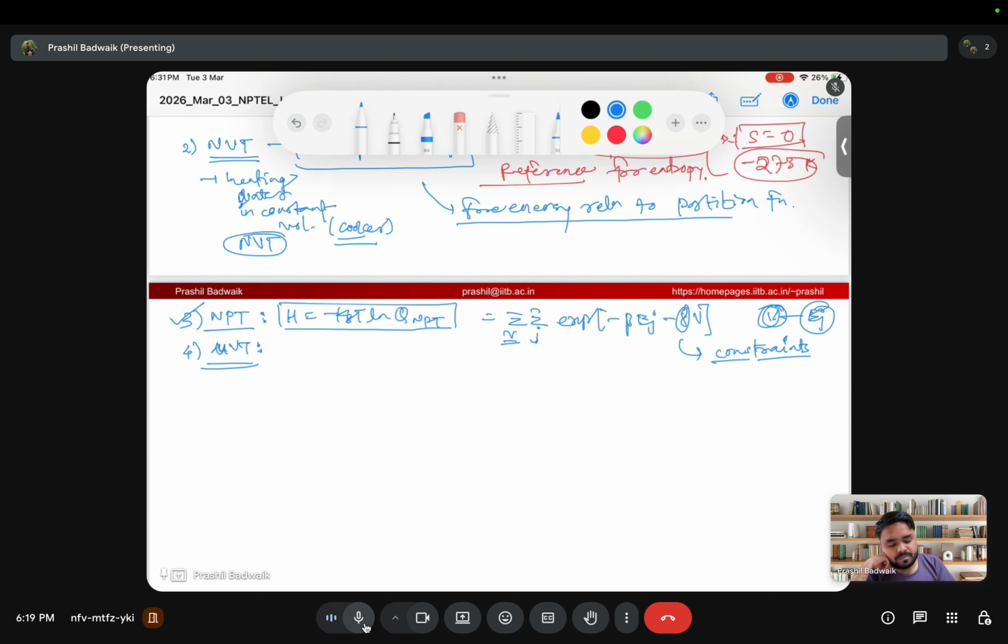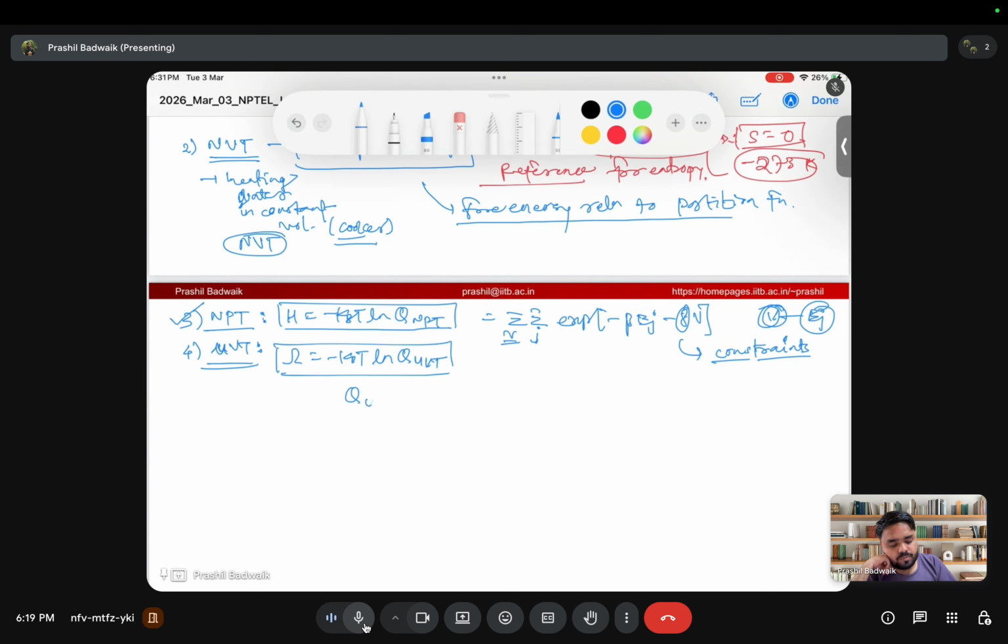Right, here it will be grand free energy, minus kBT ln of Q mu VT, right?